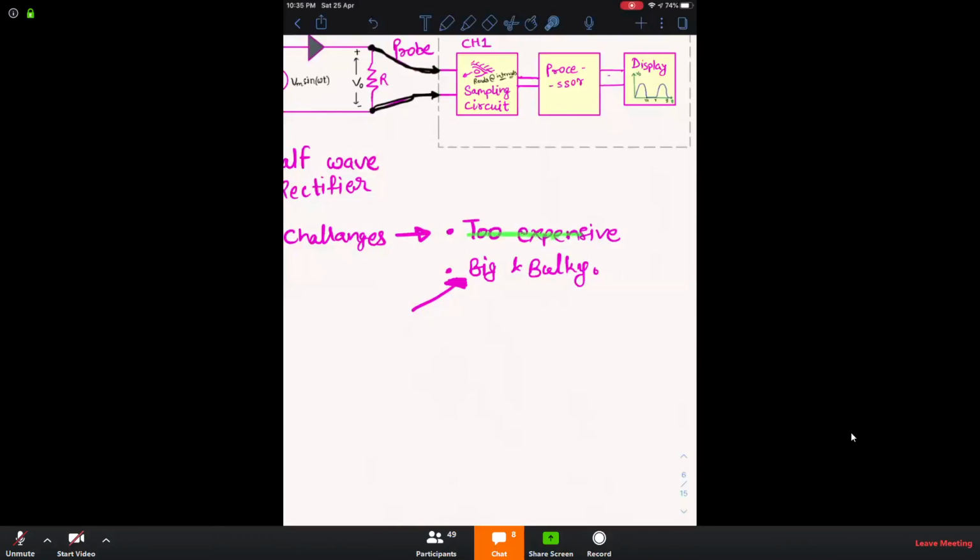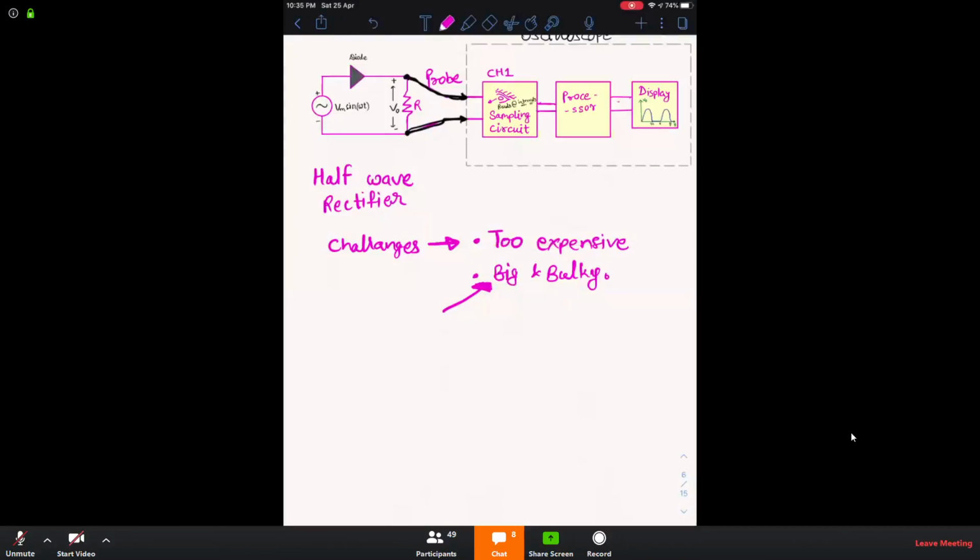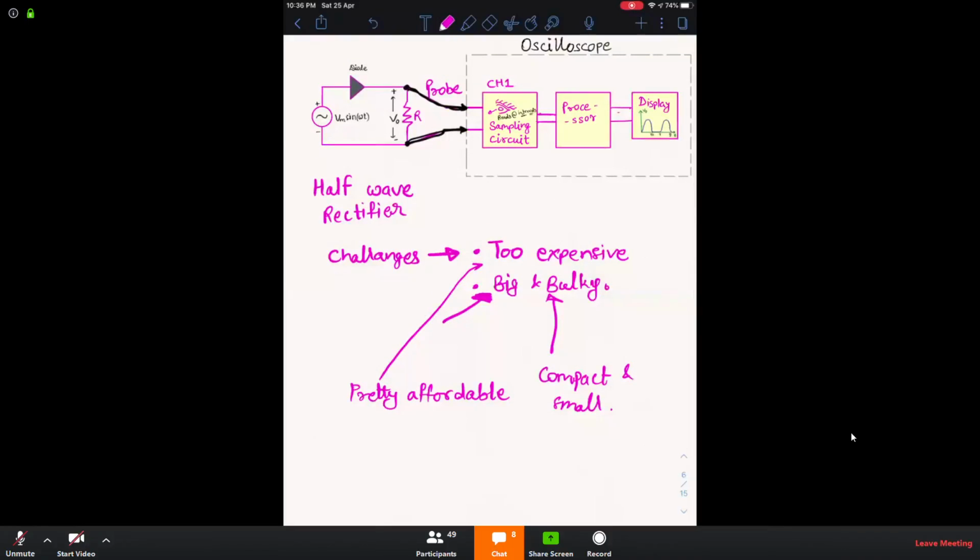So we will learn to make an oscilloscope that will be pretty affordable, and very compact and small in size. So how we will do this, let us see.